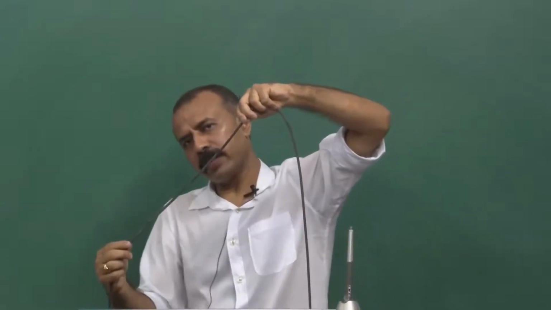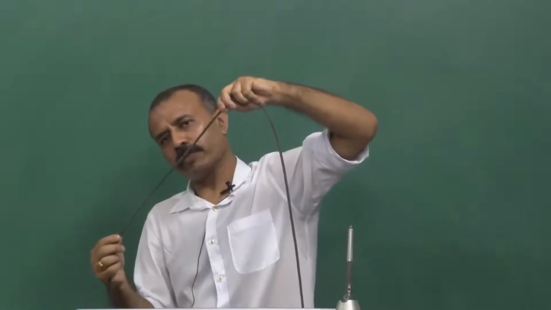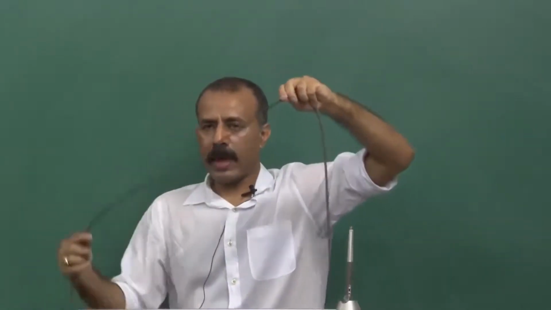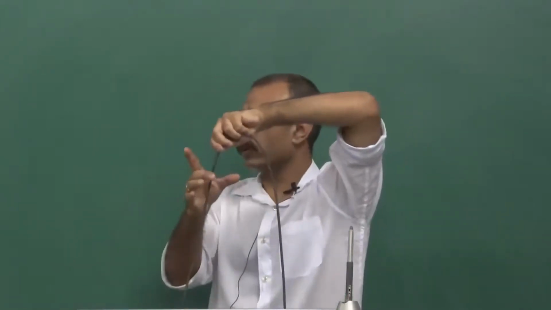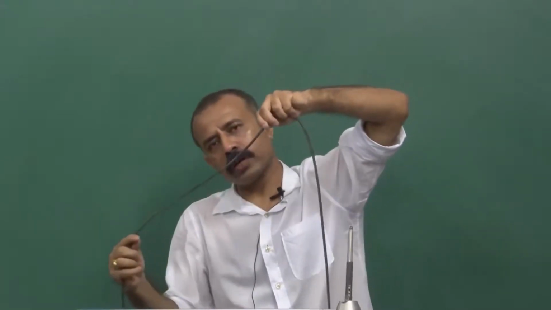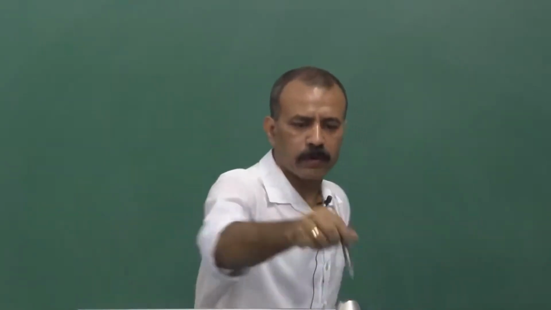This black colored wire is your SA to AV to bundle of His to Purkinje fibers. In and around it there is an induction effect which happens, and that induction effect leads to the activation of the cardiac myocytes which are surrounding it. Is it making sense? So now I'll just draw the first diagram for you to understand.